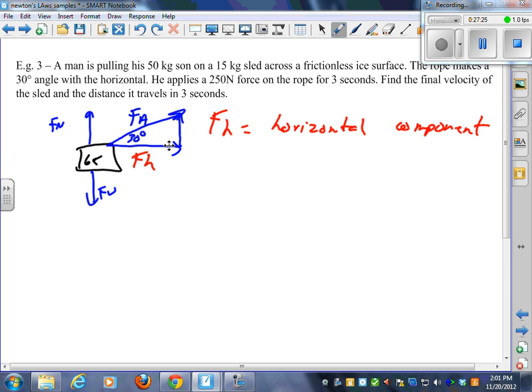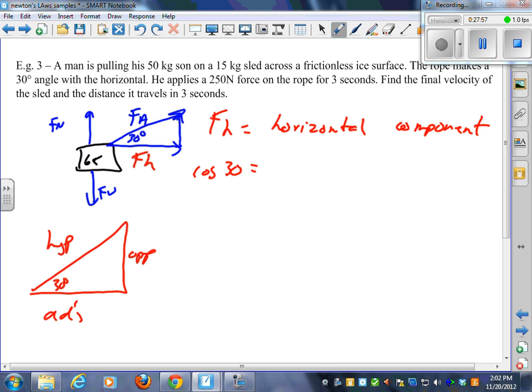The angles do matter, but I need to know what this side here is. So this side is the adjacent, right? Let me just redraw that triangle a little bit bigger for you. Adjacent, opposite, hypotenuse. This is my angle here. The FH is the adjacent. So I'm going to write cosine of 30 is equal to adjacent over hypotenuse.